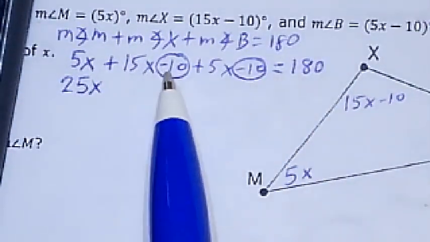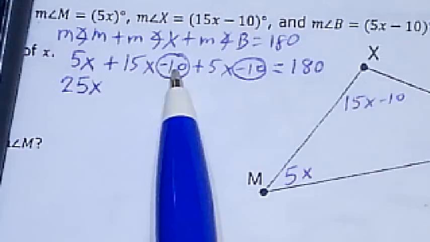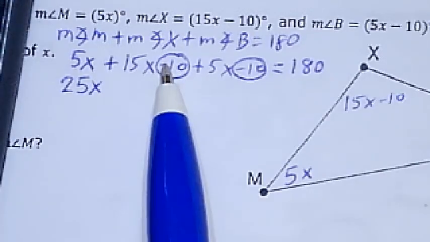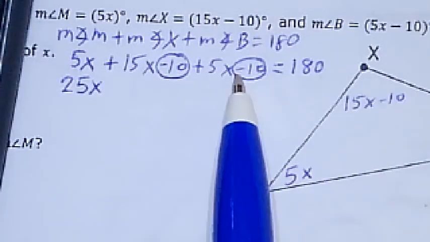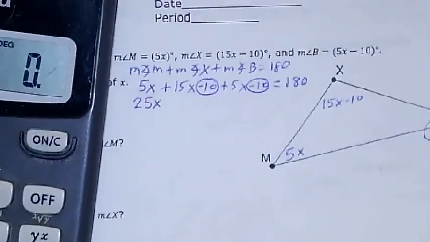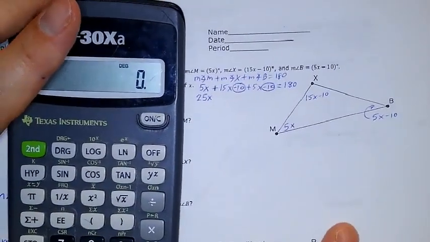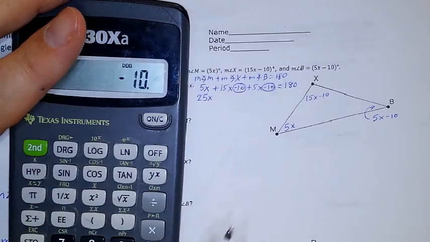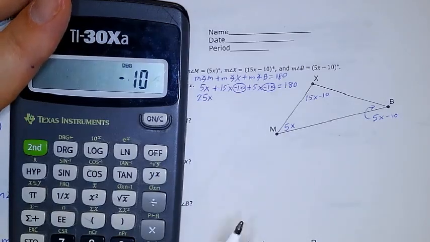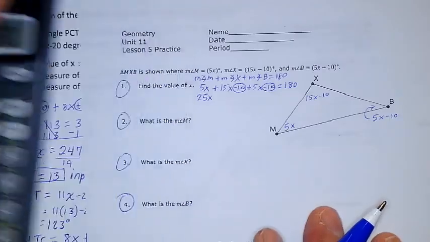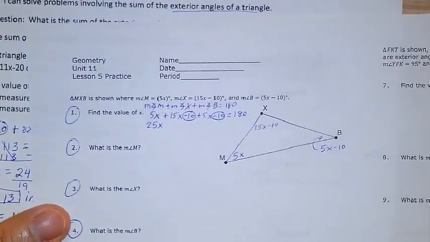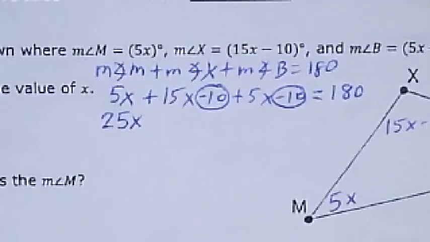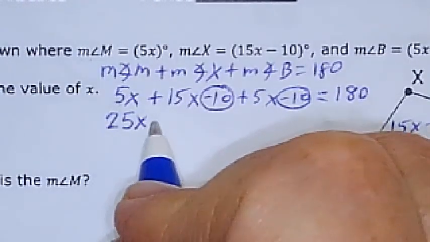Like the sign in front of 10 is negative, and the sign in front of that term is negative. So on the calculator you're taking a 10 and making it negative, plus another 10, which is negative, and you press equals. That's negative 20. So on the paper, for the purpose of the equation, you put 25x minus 20, and that equals what?